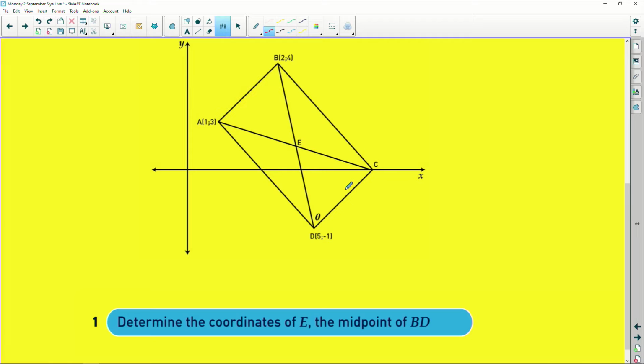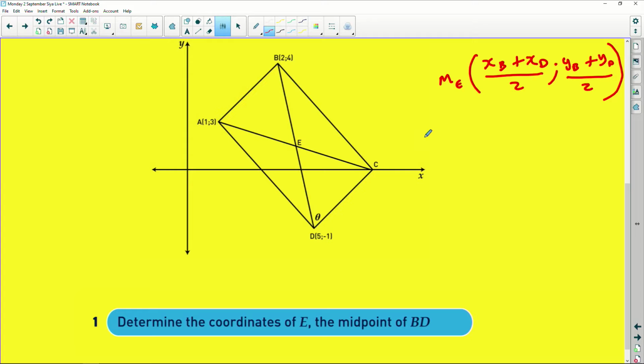The first question: determine the coordinates of E, the midpoint of BD. So I will say M of E will be x of B plus x of D divided by 2, y of B plus y of D divided by 2.